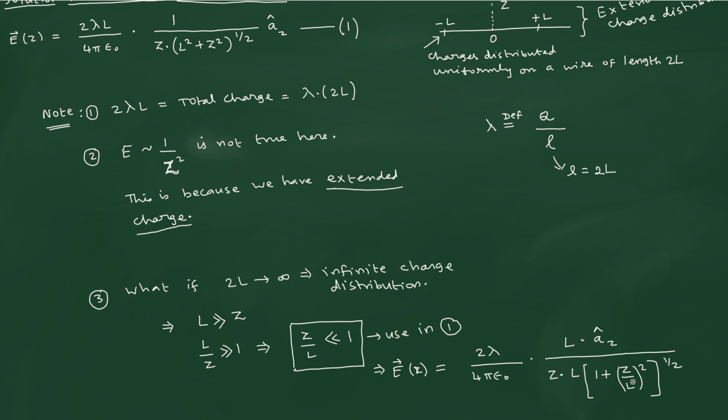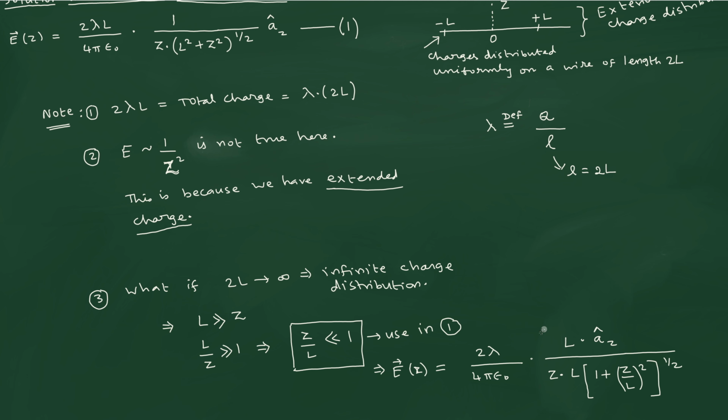What is the advantage of writing like this? Since Z by L is much smaller than 1, this particular quantity is negligible in front of 1, in comparison to 1. So numerically Z by L whole square will be very small, and therefore you can neglect it.